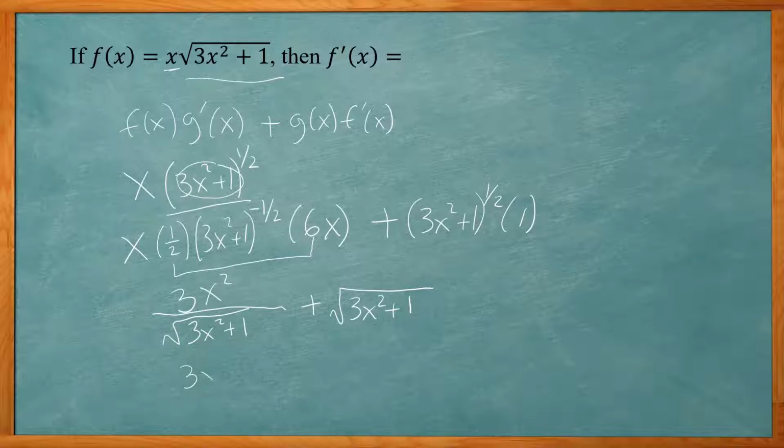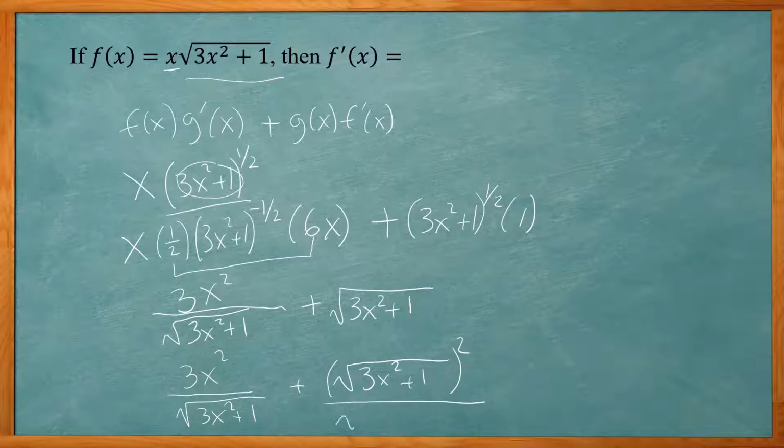So if I do that, it's going to be 3x squared over square root of 3x squared plus 1 plus basically, the square root of 3x squared plus 1, that's going to be squared over square root of 3x squared plus 1.